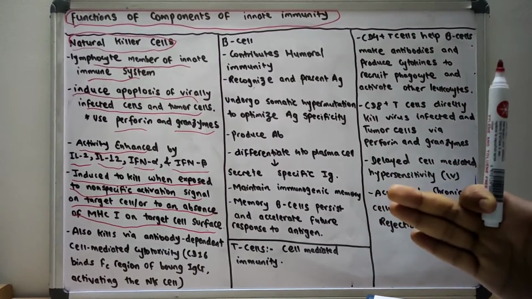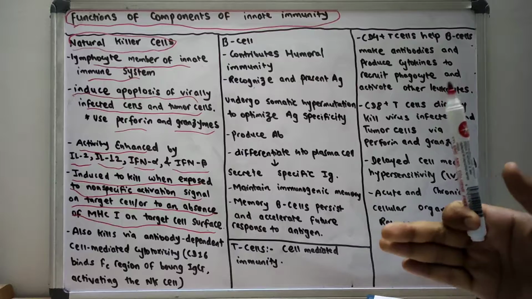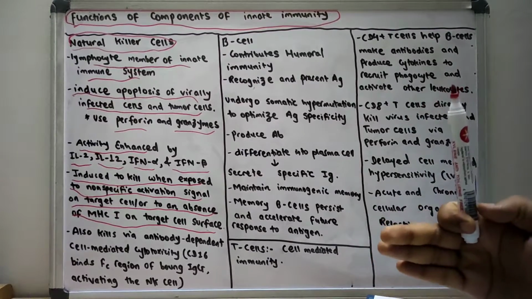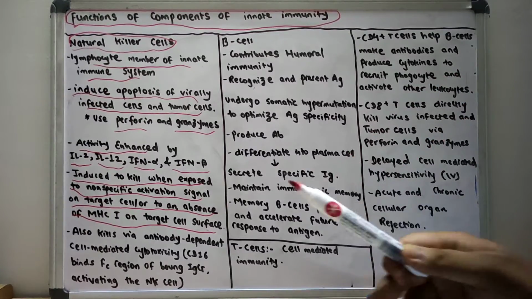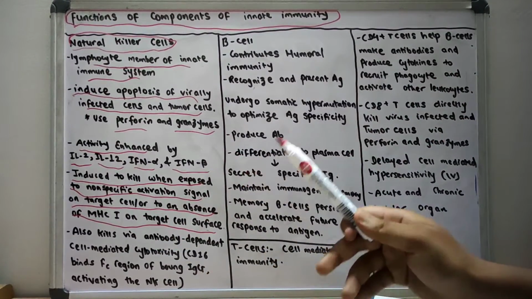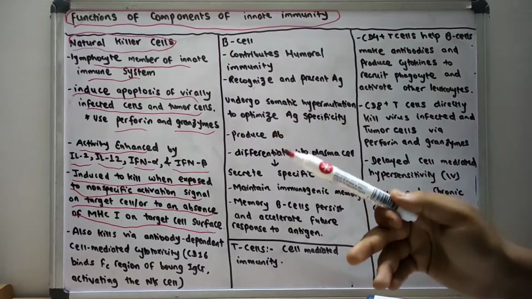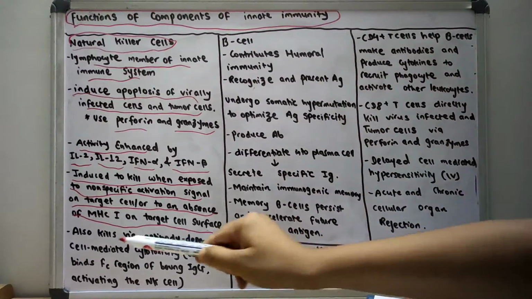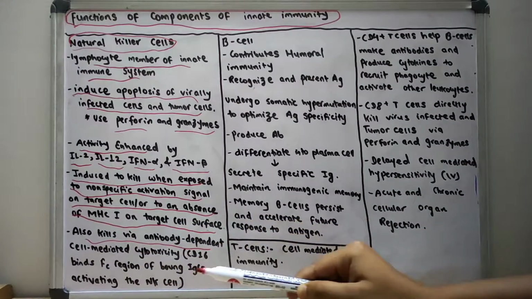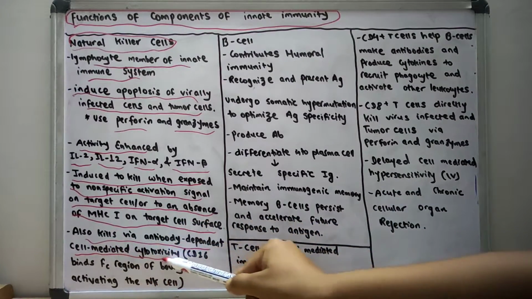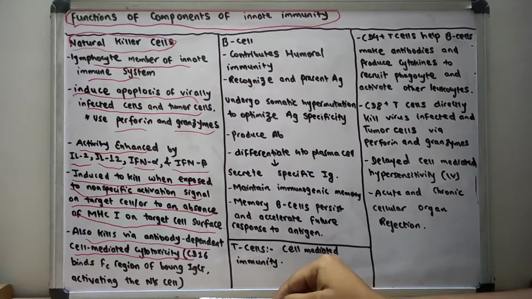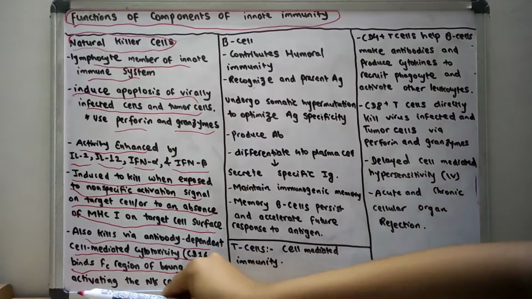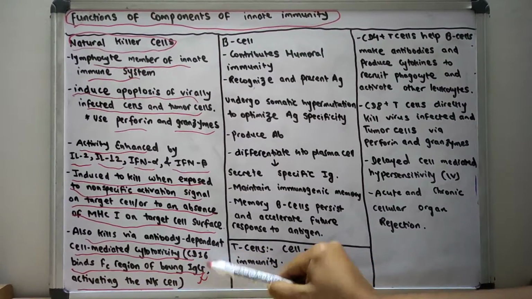So in this condition, the natural killer cells are induced to kill those types of cells. It also kills via antibody dependent cell mediated cytotoxicity. So CD16 binds the Fc regions of the bound immunoglobulin, activating the natural killer cell.